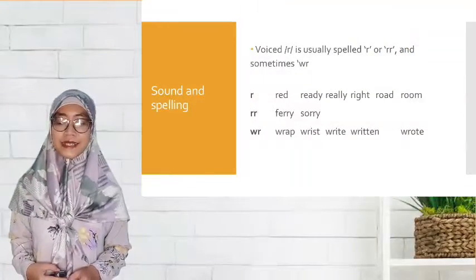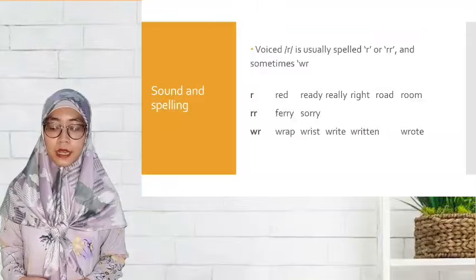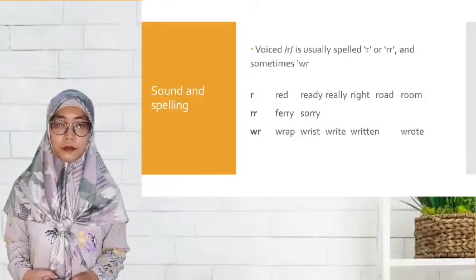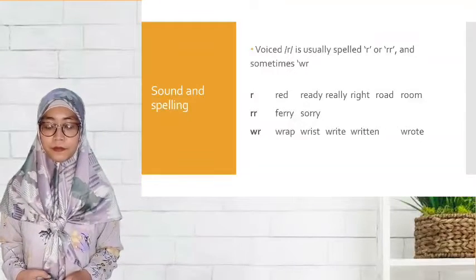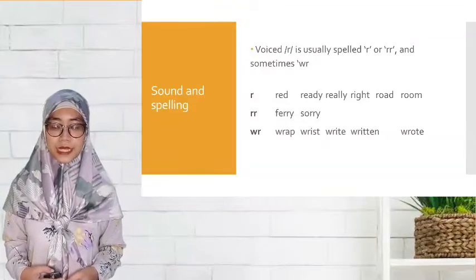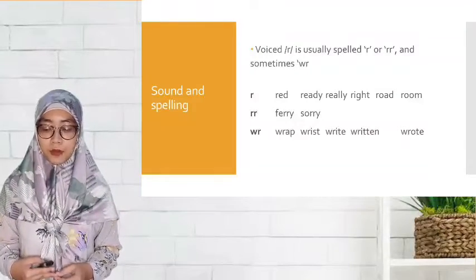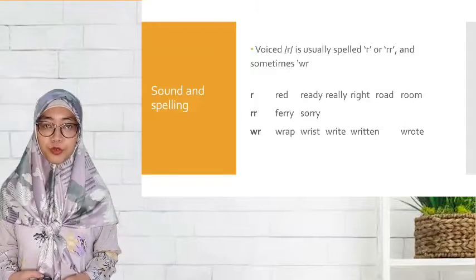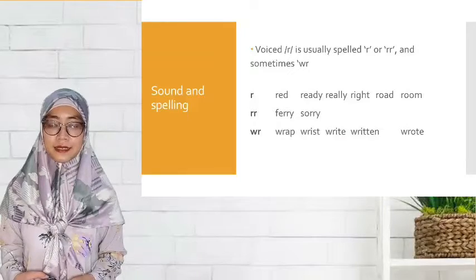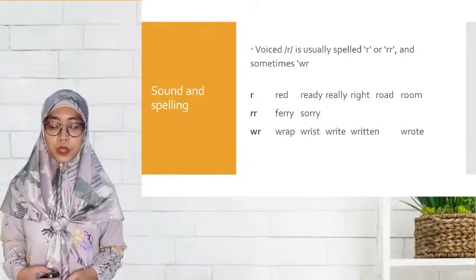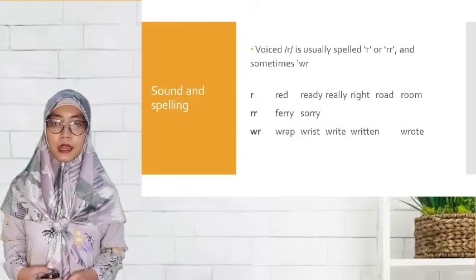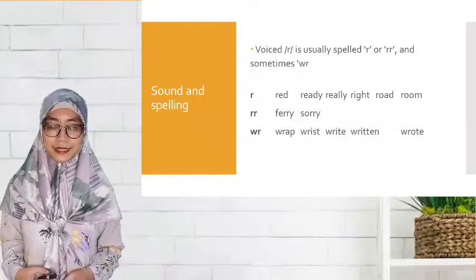The voiced r sound is usually spelled R, double R, and sometimes W and R letters. For example, in the words red, ready, really, right, road, and room, the r sound is spelled using a single R. But then in the words ferry and sorry, the r sound is spelled using double R letters.